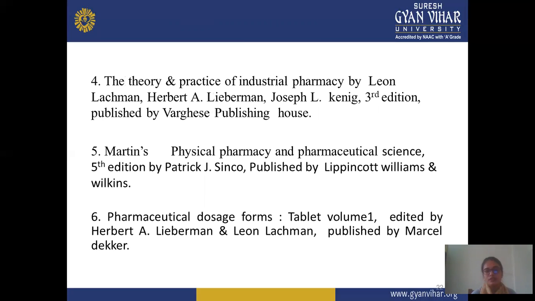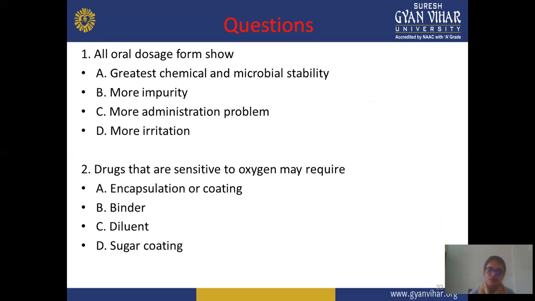Fifth one is Martin's Physical Pharmacy and Pharmaceutical Sciences, 5th edition, by Patrick J. Sinko, published by Lippincott Williams and Wilkins. And sixth one is Pharmaceutical Dosage Forms: Tablets, Volume 1, edited by Herbert Lieberman, Leon Lachman, and Joseph Schwartz, published by Marcel Dekker. All these references are good. You can use any one reference or a combination of the above books.